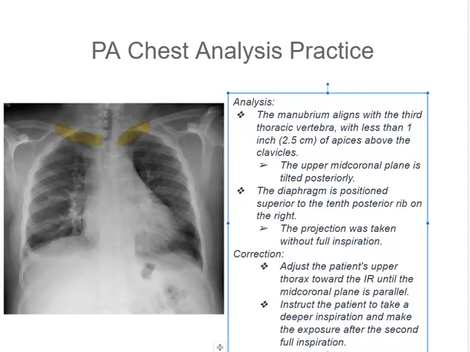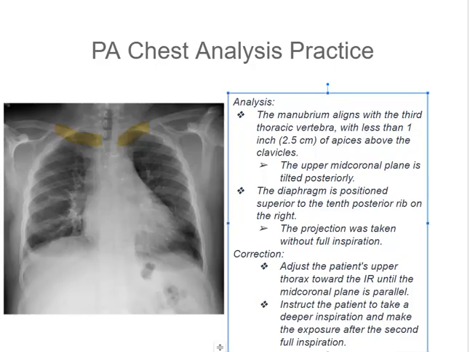And therefore, the manubrium is situated above the level of the fourth thoracic vertebra. It's actually sitting at the third. And this should tell you that there is some upper mid-coronal plane tilt posterior.